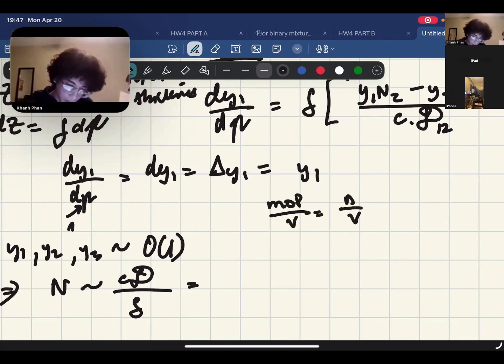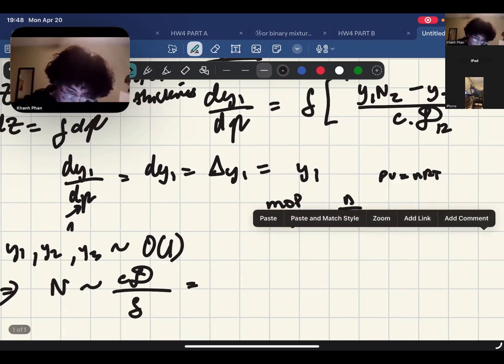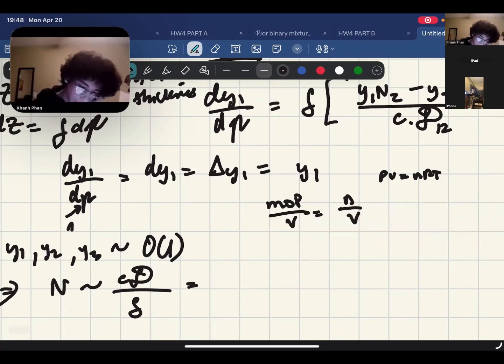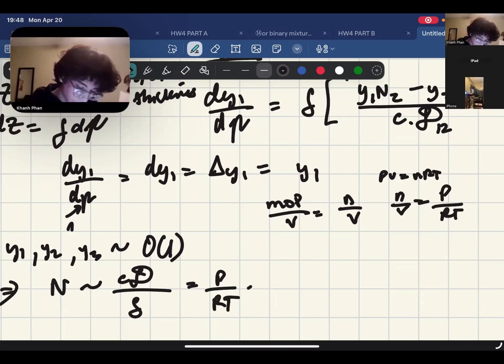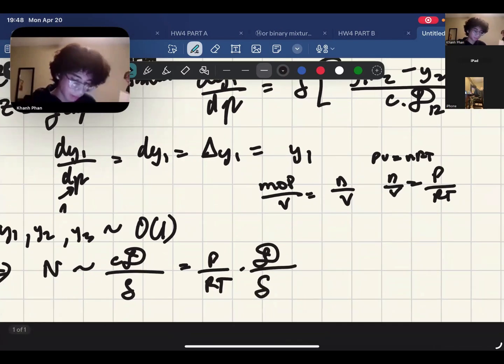So N over V. N over V is P V equals N R T, so N over V is gonna be equal to P over RT. So we're gonna have P over RT according to the ideal gas law times the diffusion coefficient over the thickness.